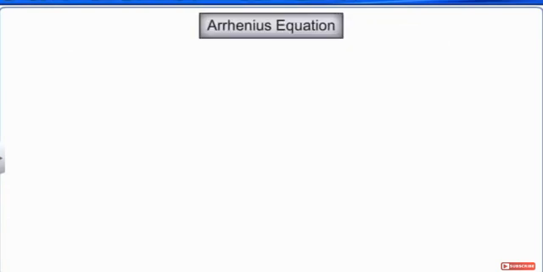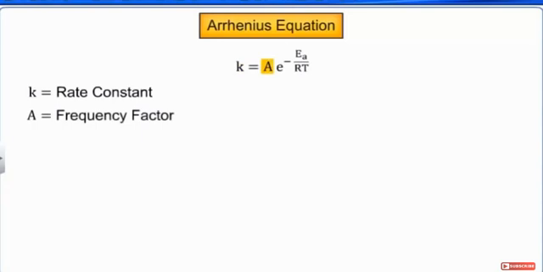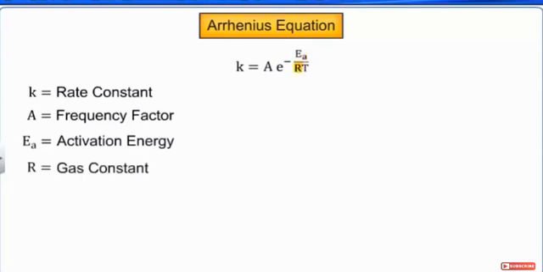The Arrhenius equation gives the relationship between the rate constant K of a reaction and the absolute temperature T. It is defined as K is equal to A multiplied by e to the power minus Ea divided by RT, where K is the rate constant, A is the frequency factor, which is a constant specific to a particular reaction, Ea is the activation energy, R is the gas constant, and T is the absolute temperature.